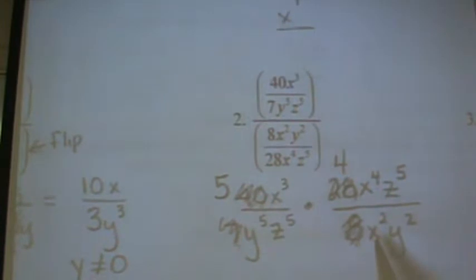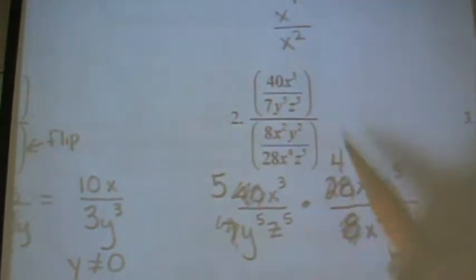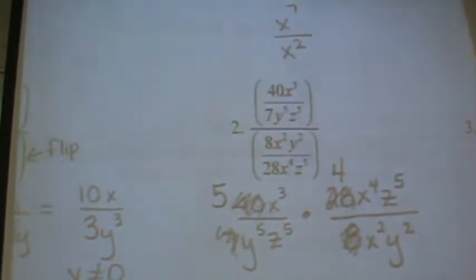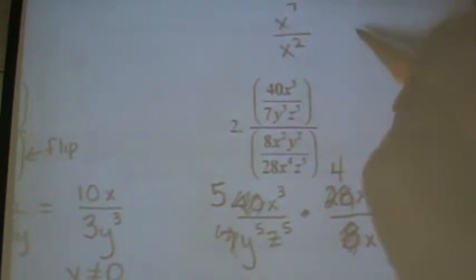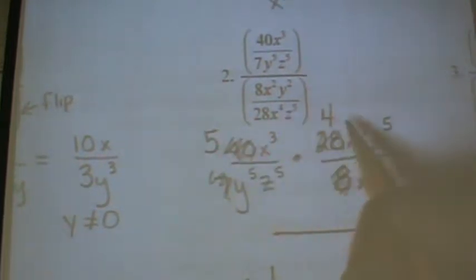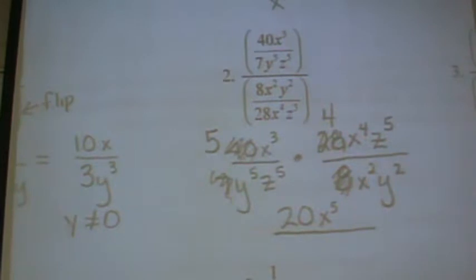How many X's do you have on the bottom? 2. So if we were to cancel these 2 with 2 here, how many X's are left? X to the 5th. Where is this X to the 5th? On top. So I have 20 right now, x to the 5th on top.